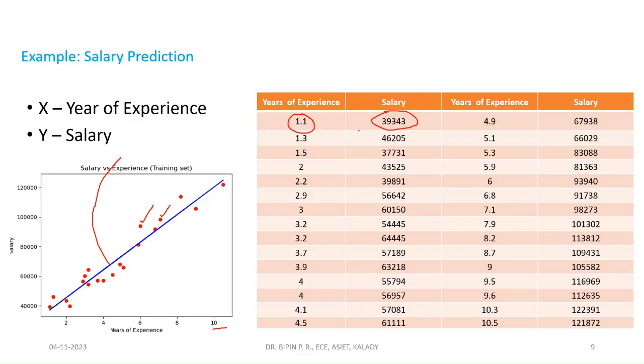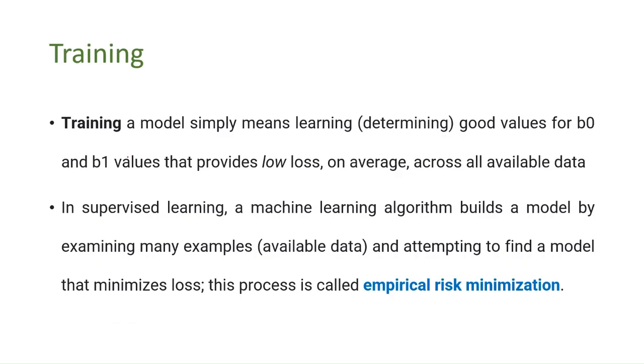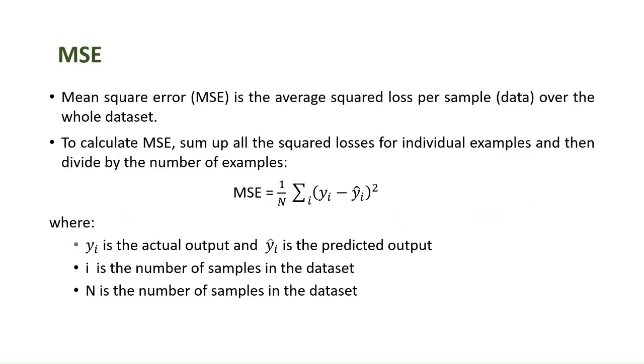So we will find a best fit line in such a way that this line reduces the overall error. That is the loss function. The loss function we have seen is the mean square error, MSE.